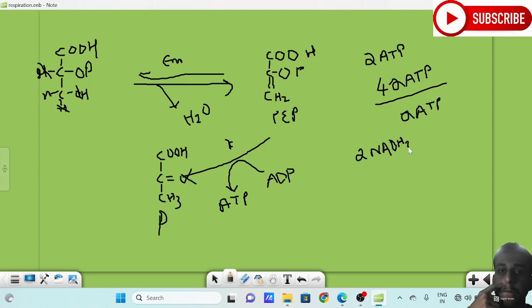After glycolysis, the glucose we consumed is converted into 2 molecules of pyruvate. One molecule of glucose is converted into 2 molecules of pyruvate.